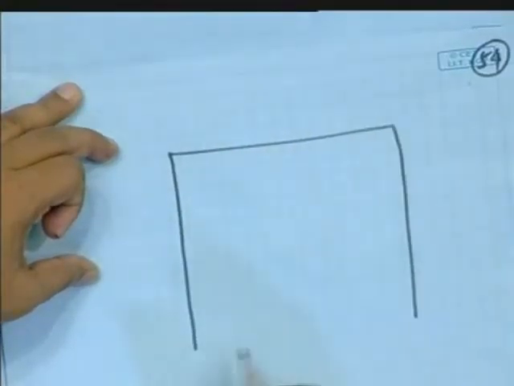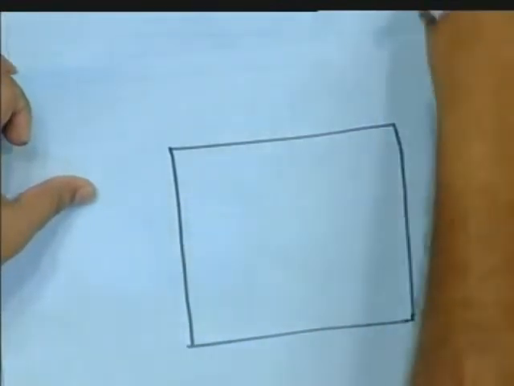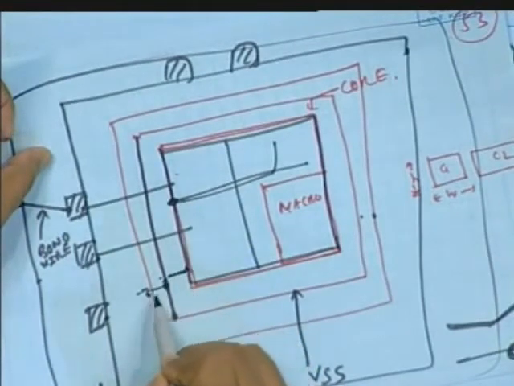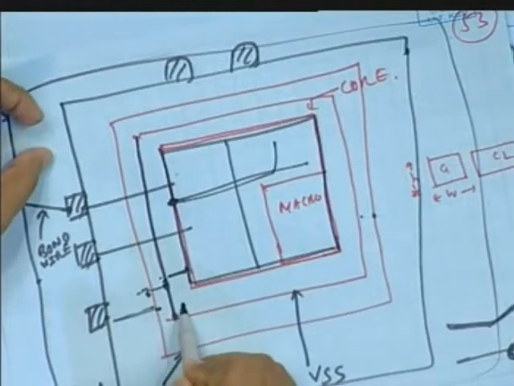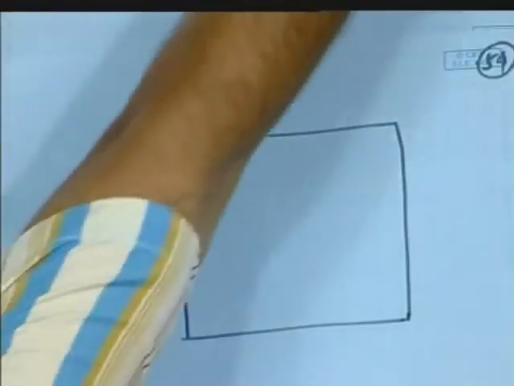So this is your core. What you do during placement, okay, first of all you have to have a floor planning for this. See, floor planning means all this planning. See, this is core, here to here gap, here to here gap, which metal layer it will be, which metal layer it should be, all those planning, plus some other planning.